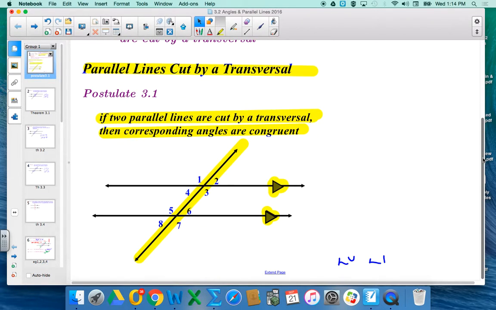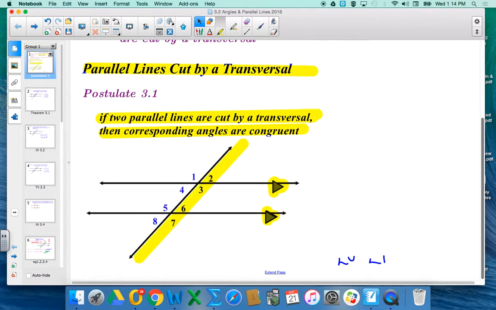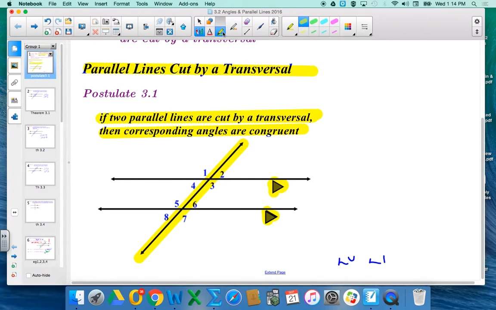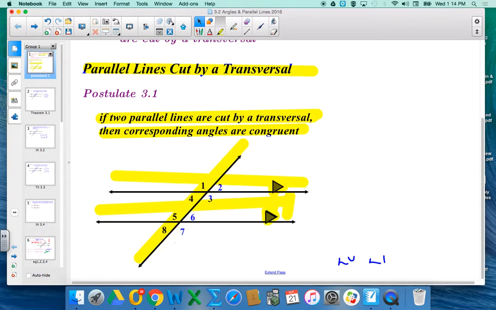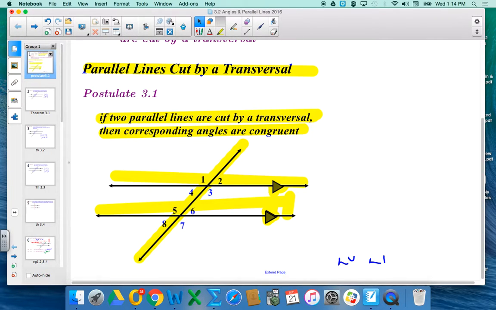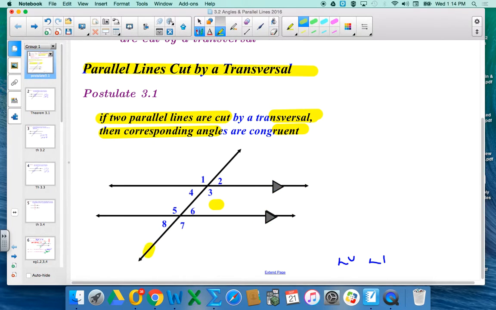First of all, the lines have to be parallel, so we know that this line is parallel to that line because of these little parallel marks. These little parallel marks indicate that those lines are parallel. And this line is the transversal. Okay?